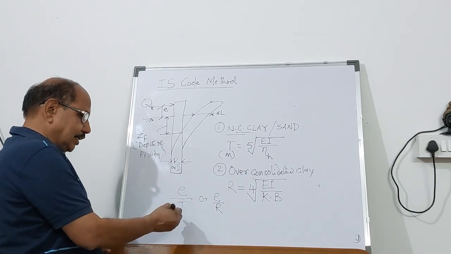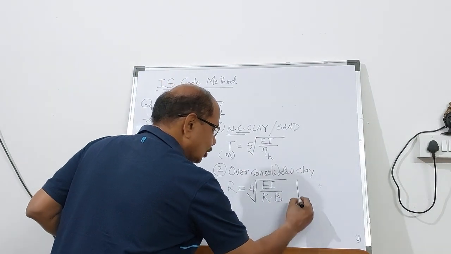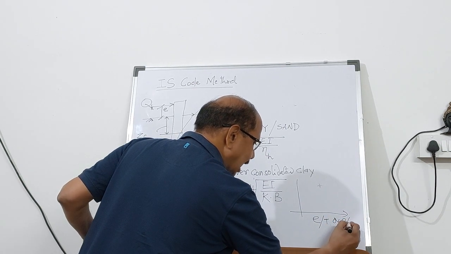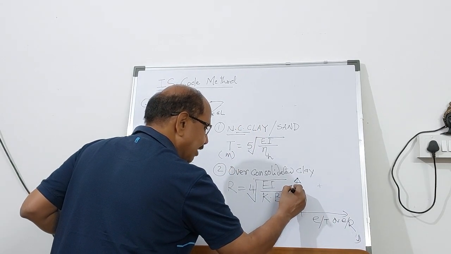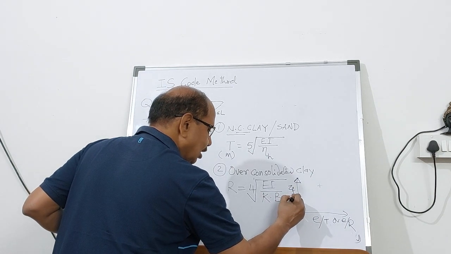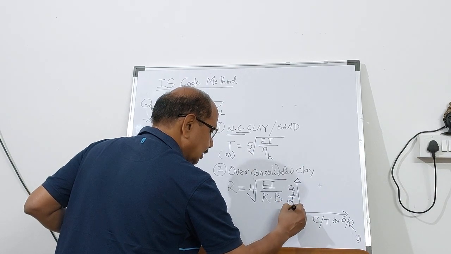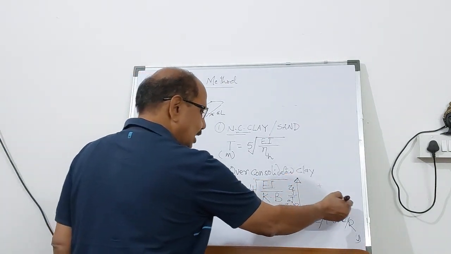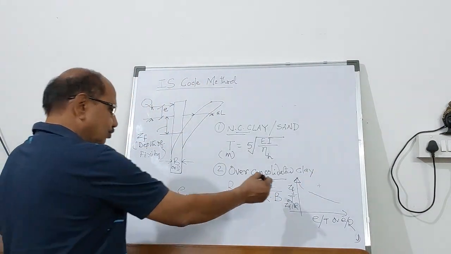For E by T or E by R, you can refer to the chart given in IS code. You will have E by T or E by R on the x-axis, and on the y-axis you will have the depth of fixity upon T or depth of fixity upon R. From this chart, you can find out the depth of fixity.